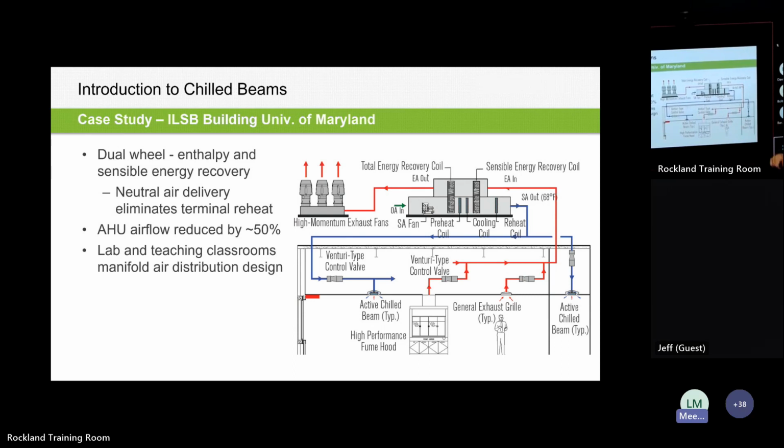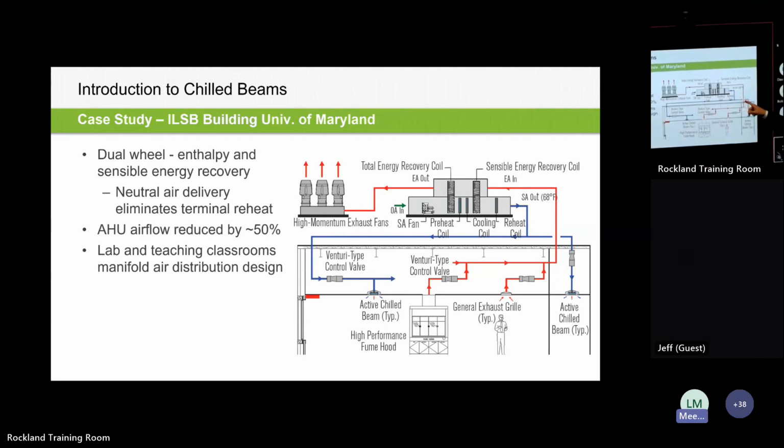So obviously you've got the wheels that are exchanging the energy into the supply air, but you also don't want to bring contaminants into that supply air. So they did studies to ensure that the contaminant concentration, and this is all described in the ASHRAE article, was below the threshold required by the owner. So kind of a unique approach, but what it allowed them to do is provide neutral air delivery to the chilled beams.